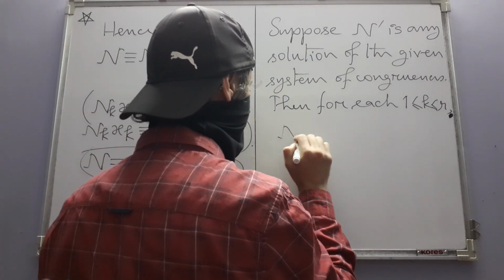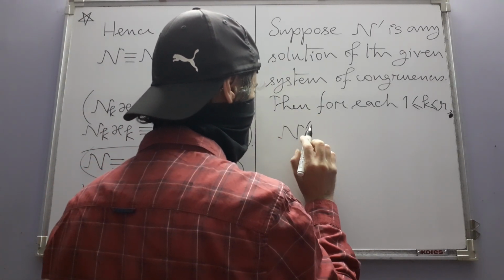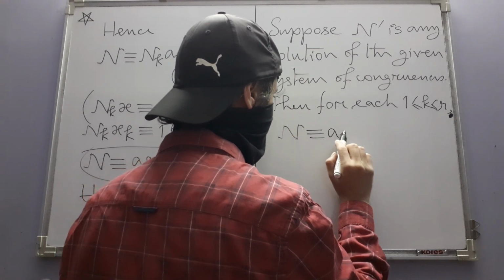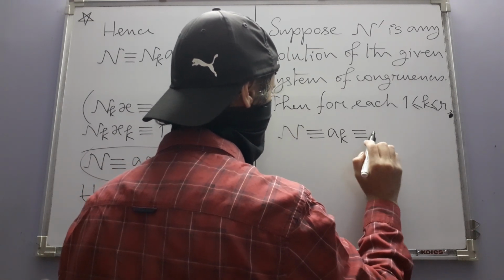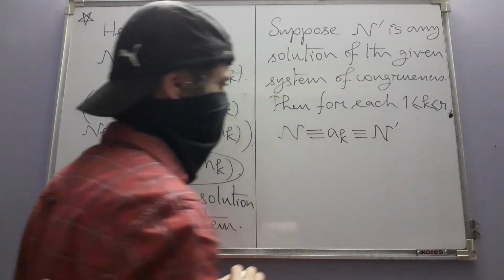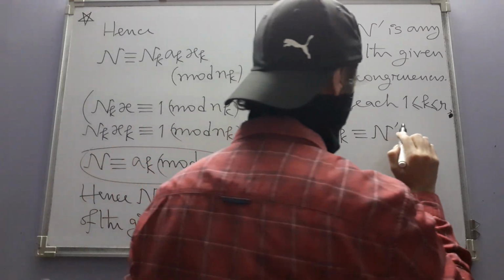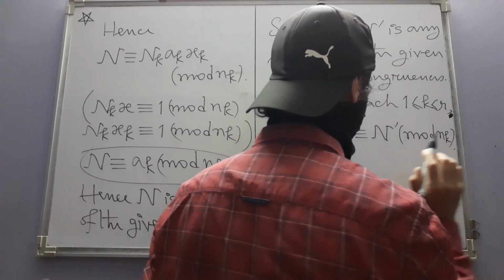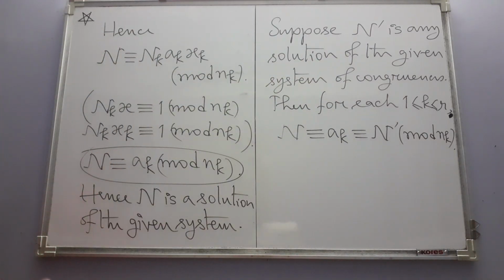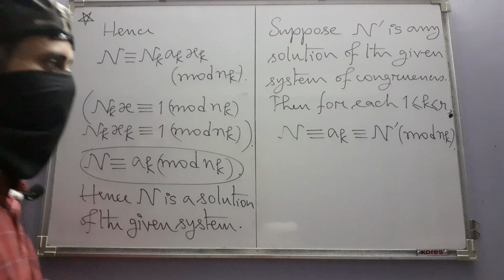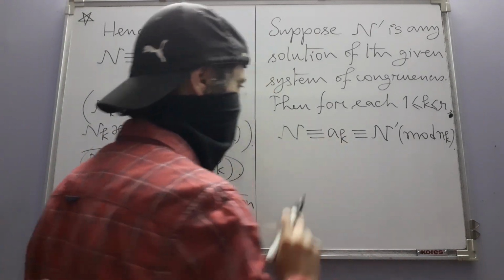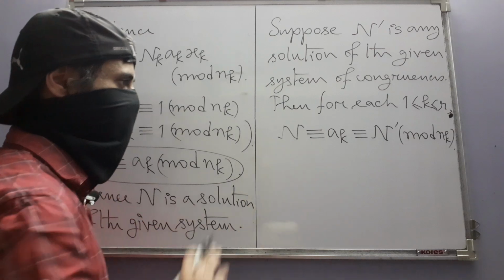So we get this n', or let me first write n. n is congruent to a_k, but n' is also congruent to a_k modulo n_k. That means they are congruent to each other modulo n_k. Although once you do not write a_k, you just have n and n'.